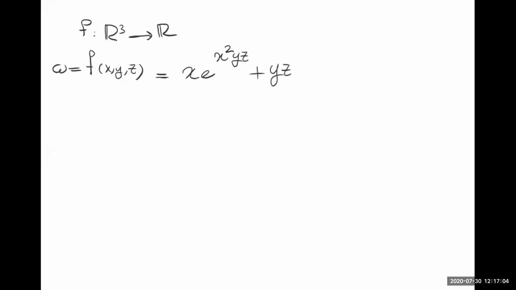We start with partial f, partial x. I should start with this term, which is itself a multiplication of two functions: x, that's one function, and the other function, e to the x squared yz. When I want to take the derivative with respect to x of a multiplication of two functions, I should use the product rule.